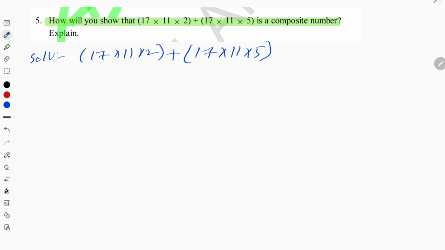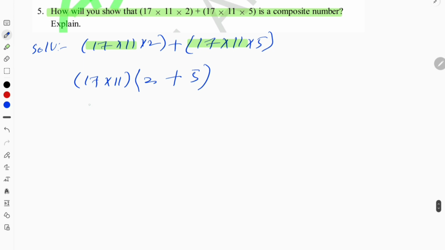In these terms common numbers are 17 and 11. Now take 17 into 11 common. 17 and 11 is common, remainder is 2 plus as it is, and 17 and 11 is common, remainder is 5.